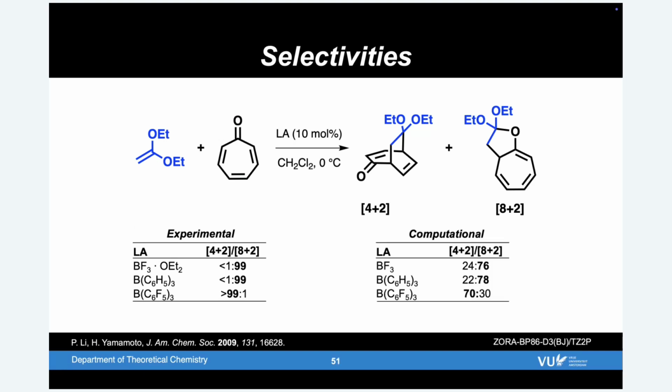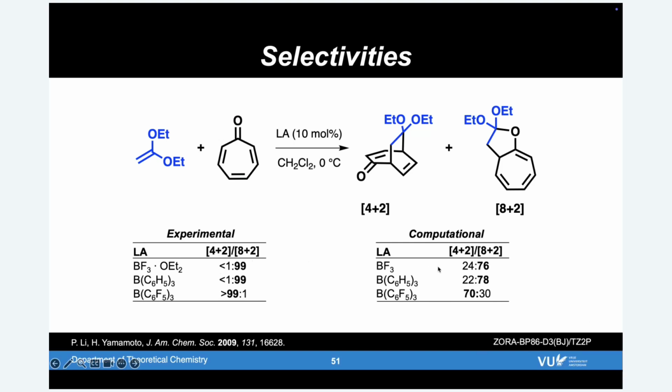So we applied our computational method here. You see ZORA, BP86, D3(BJ), TZ2P, using ADF. And we were happy to see that we could reproduce the experimental regioselectivity. And I just want to remind everyone that getting these accurately is not a small feat.